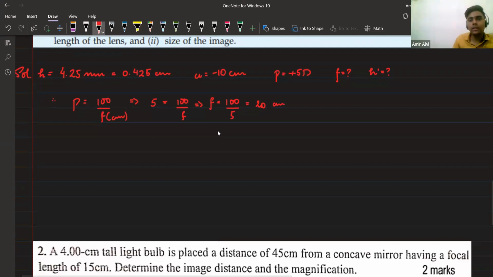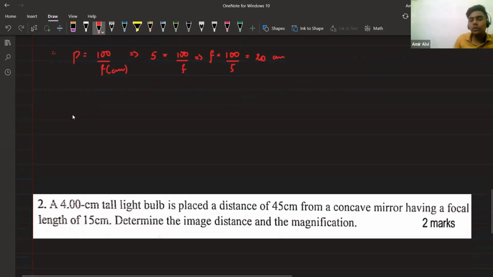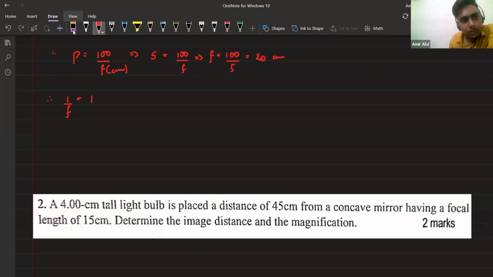Okay, so now we have got. So if we want to calculate the height of the image, what we need to do, bacho, I need to calculate the image distance, then use it in the magnification formula. Okay. So using 1 by f is equals to 1 by v minus 1 by u.